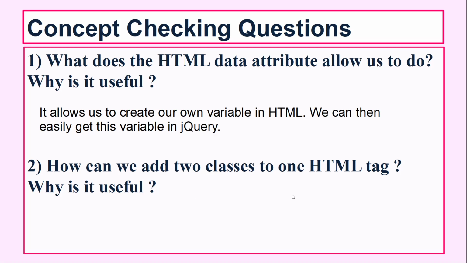How can we add 2 classes to one HTML tag? Well, we can do it by just naming those classes in the class attribute. So you have class 1, space, class 2. The reason why it's useful is if you have multiple sections that are similar in some ways but different in others, you can create one class that groups all the similar features, and then you can make another class that contains the differences.